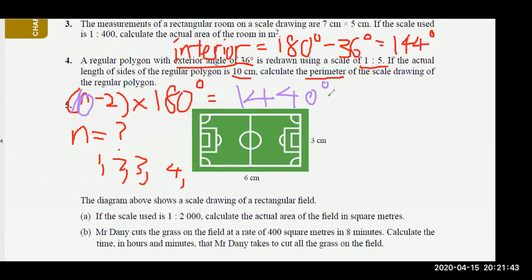Also you can use 360 divided by 36. You also can use this formula. Yeah, of course.